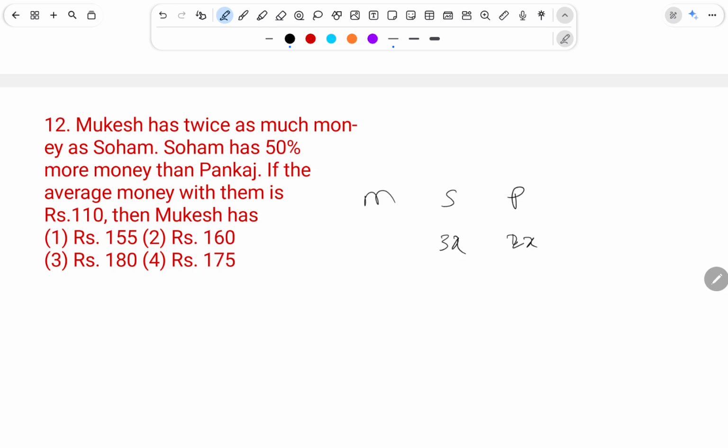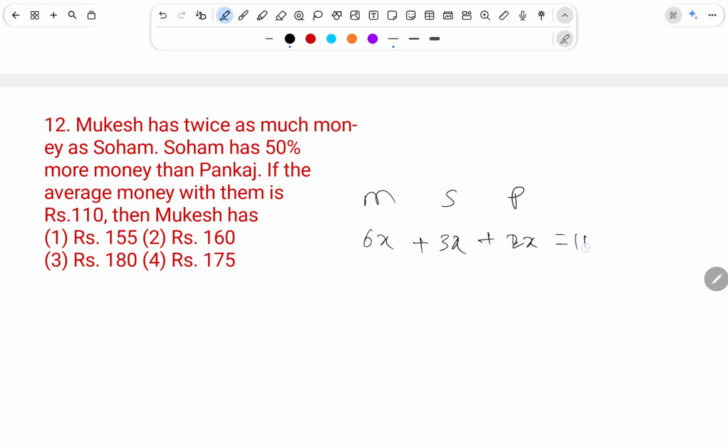Sohan becomes 3x. Mukesh has twice as much money as Sohan, so Mukesh is 6x. Now the average money with them is 110; average means all three divided by 3.